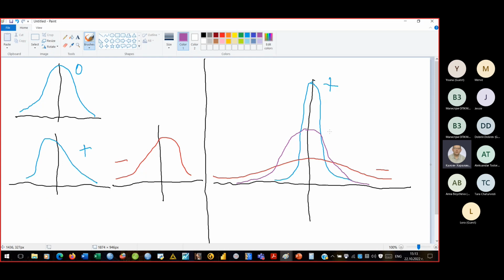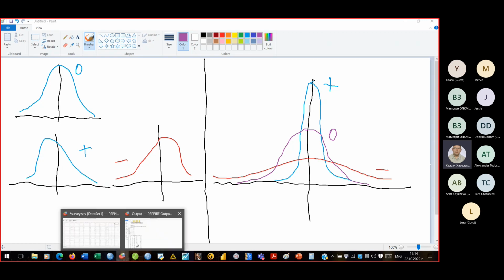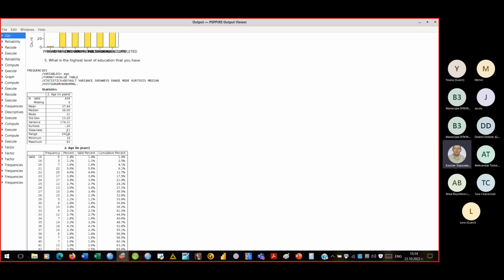Normal distribution has 0 as coefficient of kurtosis, and also normal distribution has 0 as coefficient of skewness. So when the values of these two coefficients are close to 0, this also indicates that the distribution is close to the normal distribution.